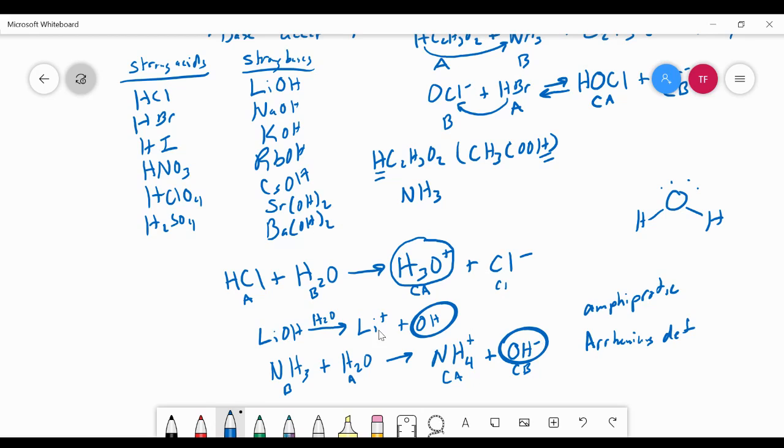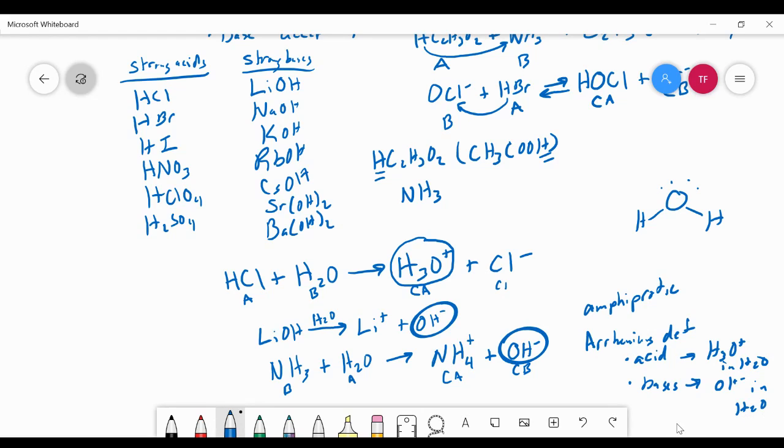Both of these substances made OH minus, even though they made them in different ways. And that's what Arrhenius said bases do. You're going to learn more about that later, but I did just want to point that out now. Acids produce hydronium in water, and bases produce hydroxide in water.